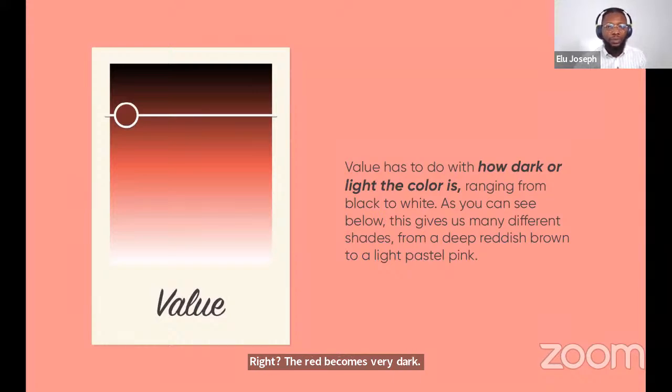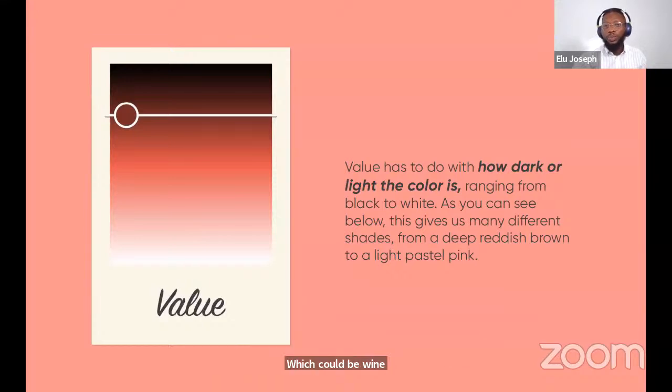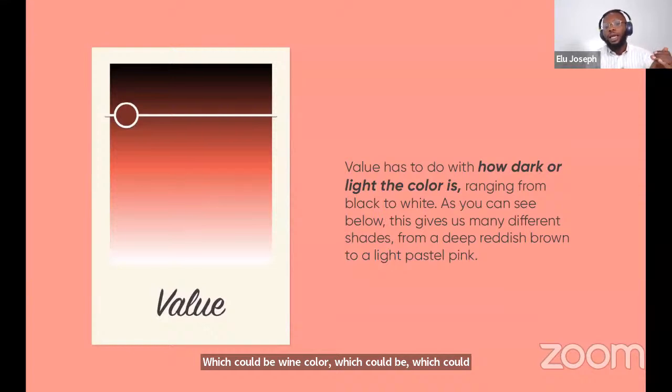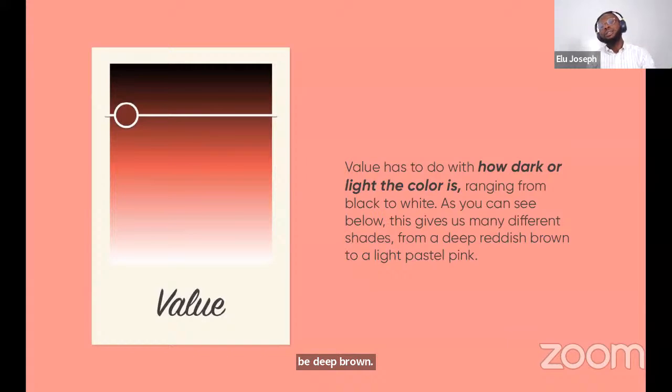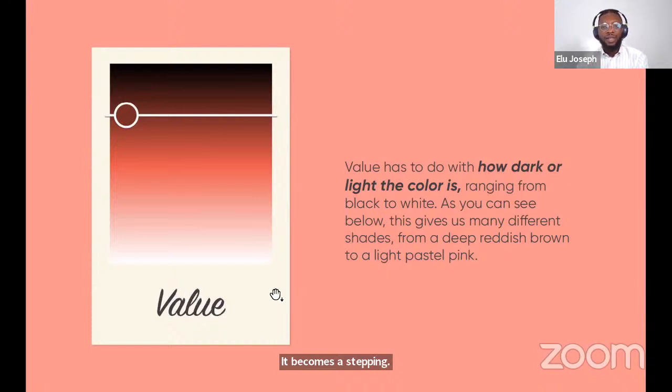The value has either increased or reduced. So it becomes a very dark red, which could be wine color, burgundy, or deep brown. Now, if the color is very light and it goes close to white, remember this color is red, it becomes pastel pink. Now, that's for value.